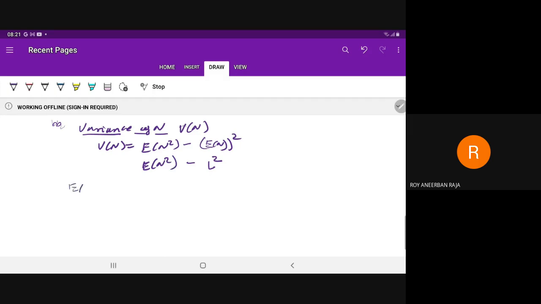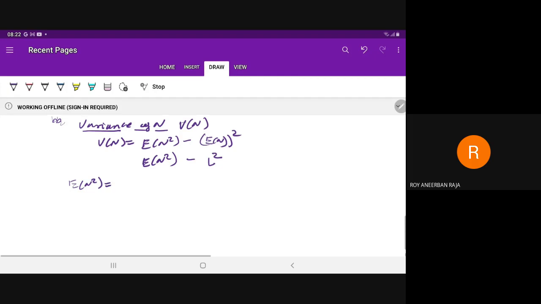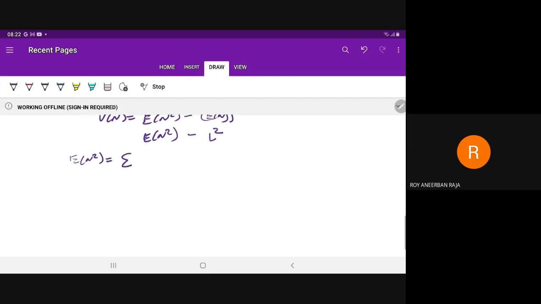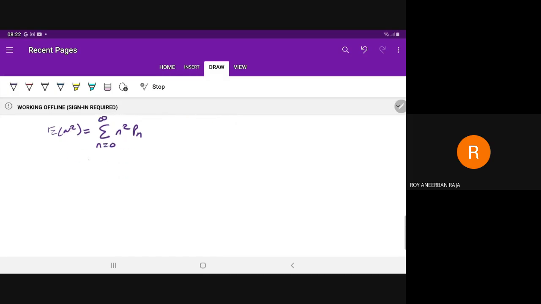E of n square, what is the basic formula? It is the summation of n square into the corresponding probabilities, n square into Pn, n is equal to 0 to infinity. That is 1 square P1 plus 2 square P2, 3 square P3, n square Pn, and so on.